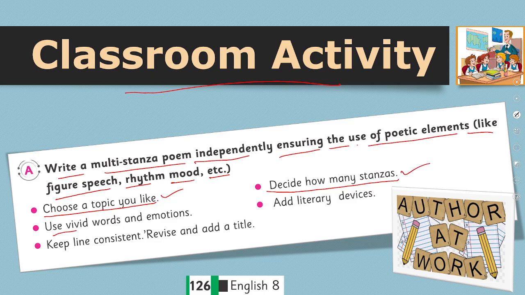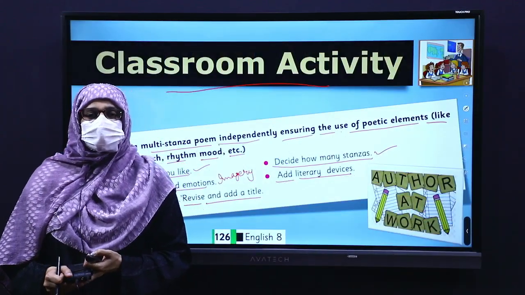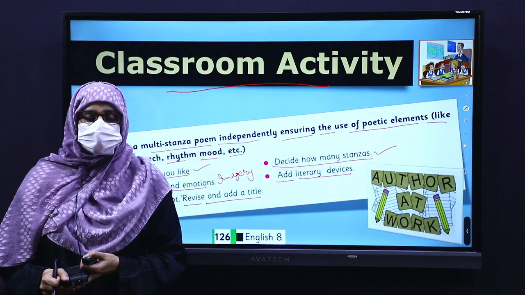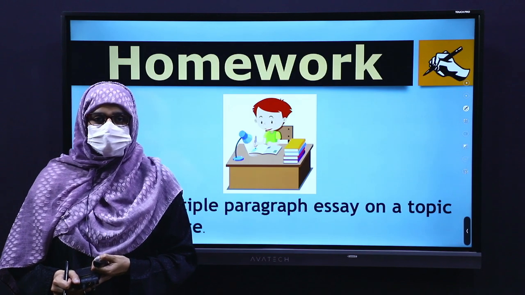Use vivid words and emotions. It means imagery. Add literary devices. It could be anything from similes to metaphors to personification to hyperbole. Keep line consistent. Revise and add a title. So, keeping all these points in mind, you can write a beautiful poem.